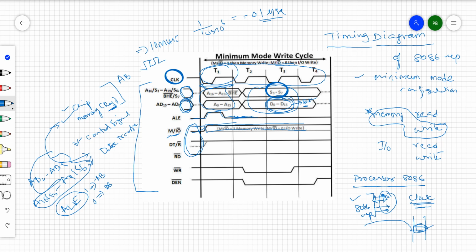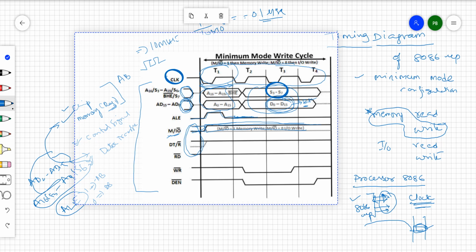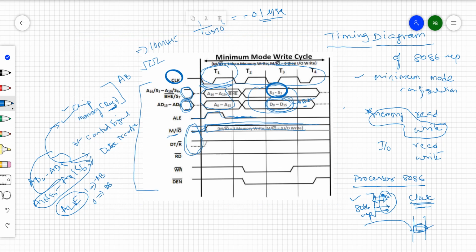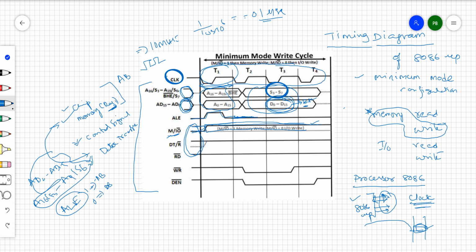For the memory write cycle, this line is the one that comes into the picture.